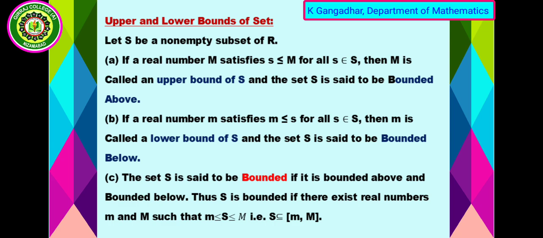Or another definition: S is bounded if there exist real numbers small m and capital M such that small m is less than or equal to s, which is less than or equal to capital M. Then capital M is an upper bound and small m is a lower bound, which means the set S is bounded above and bounded below. So we say that it is bounded.